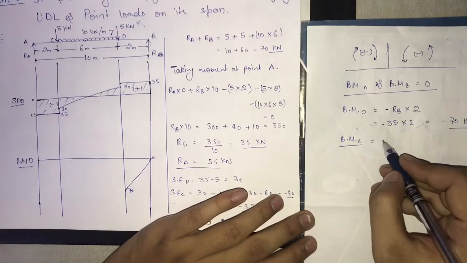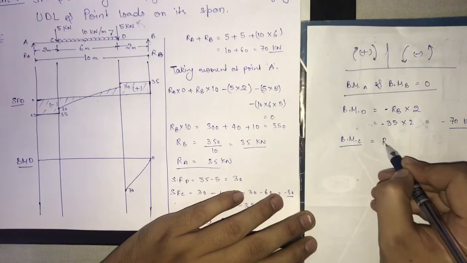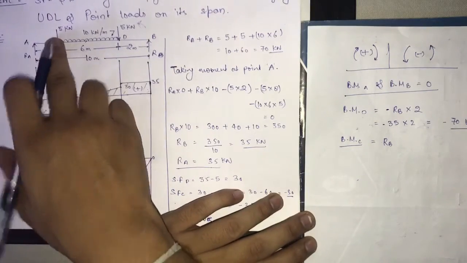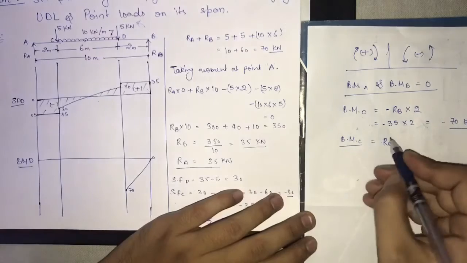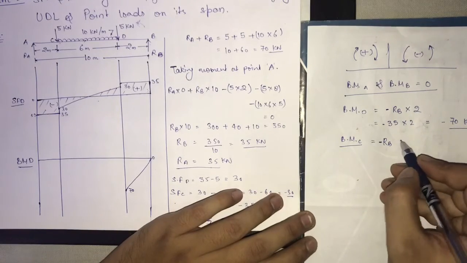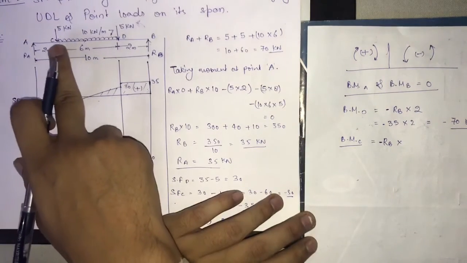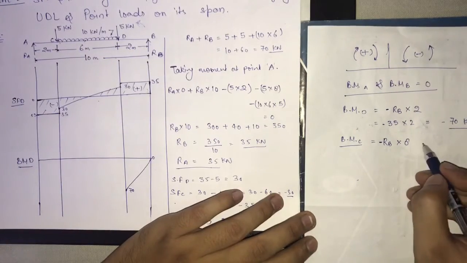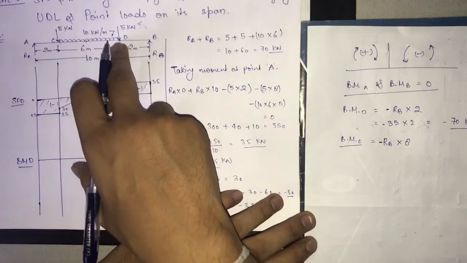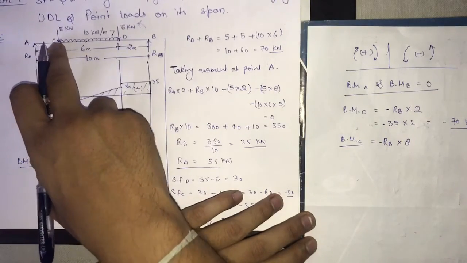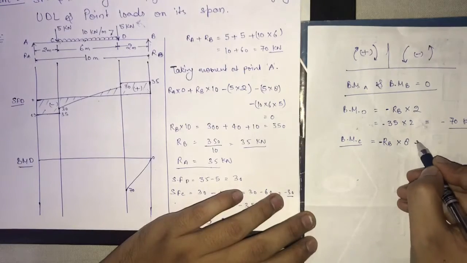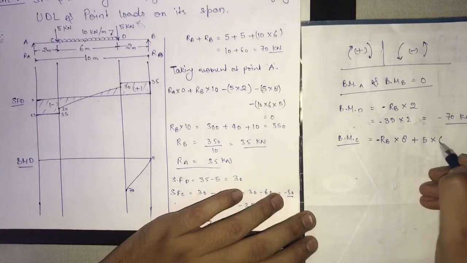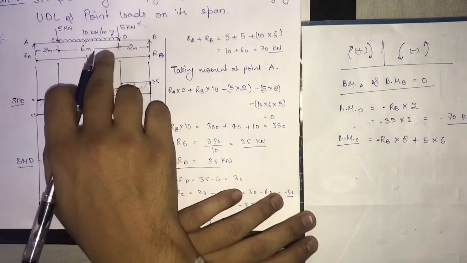So it is RB, and RB is also rotating point C in the anti-clockwise direction, so we will take it as a negative force into the distance from point C to RB, which is 6 plus 2, that is 8 meter. Now this force is trying to rotate point C clockwise, so we will take it as positive. So 5 into 6, because this distance is 6 meter.